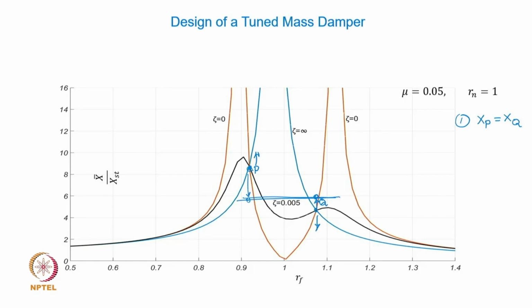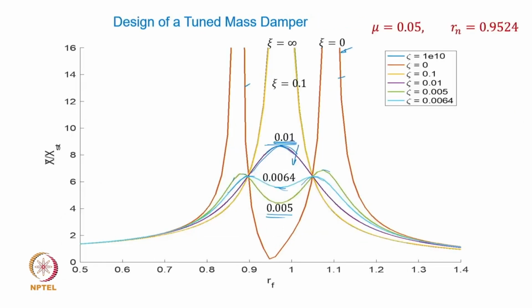Just to bring these amplitudes equal is not enough. For example, in this case, if you see this green colored case, even if I bring these amplitudes equal, the graphs will pass through this point, but then they will show up with larger amplitude at some other value of RF.